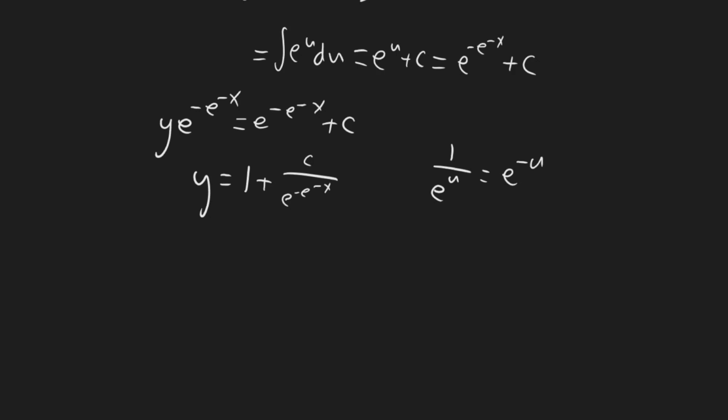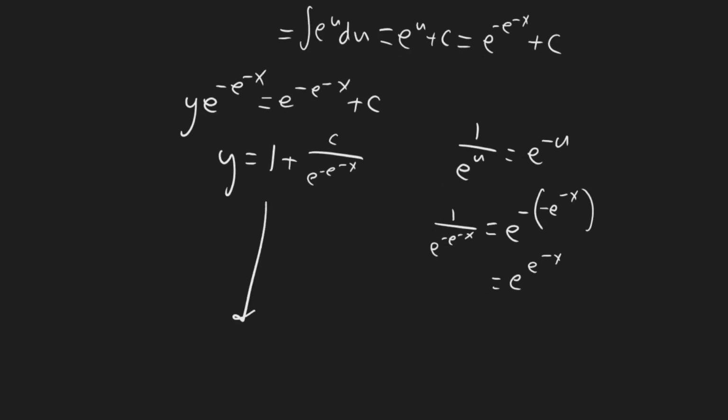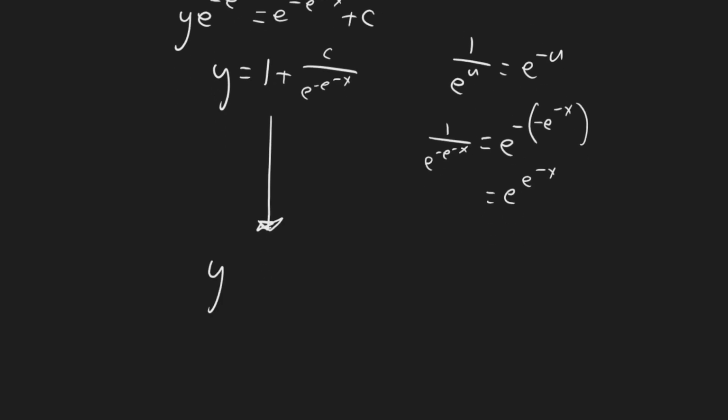So in this case, 1 over e to the negative x equals e to the negative of negative x, because the negative cancels with the negative, so e to the x. So we can make this look a little bit better: y equals 1 plus c e to the x.